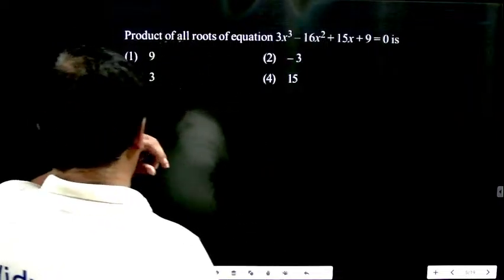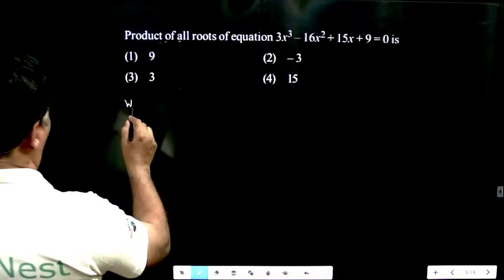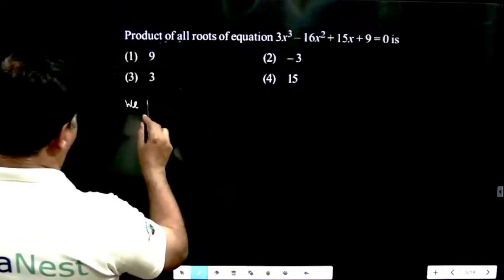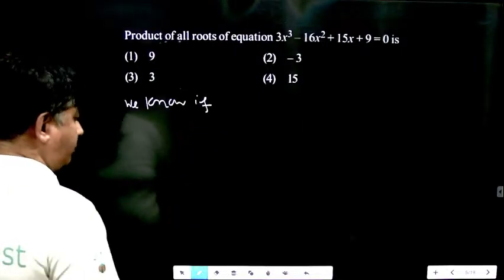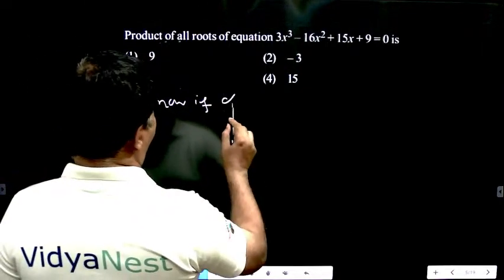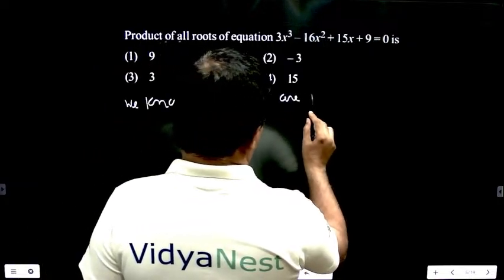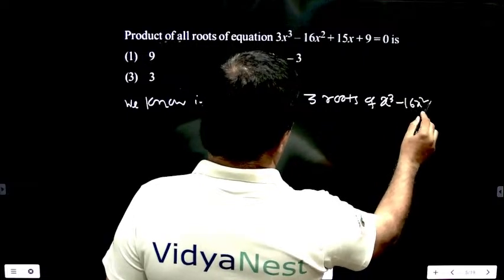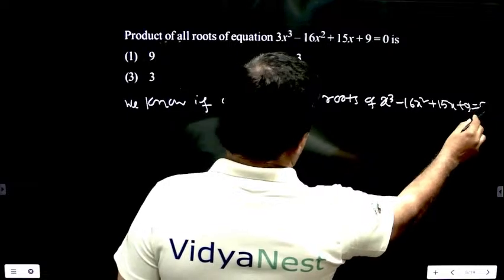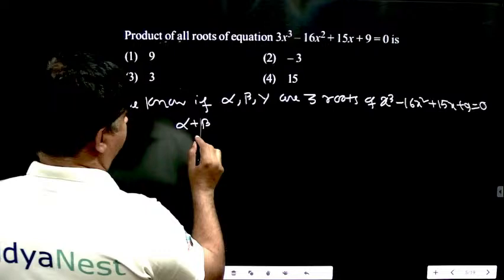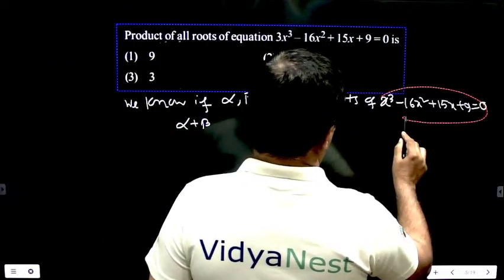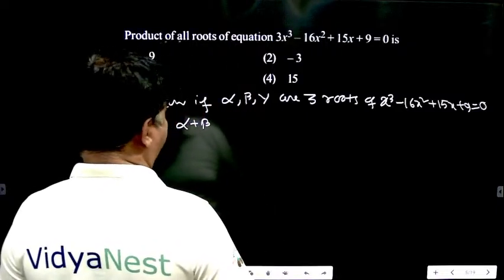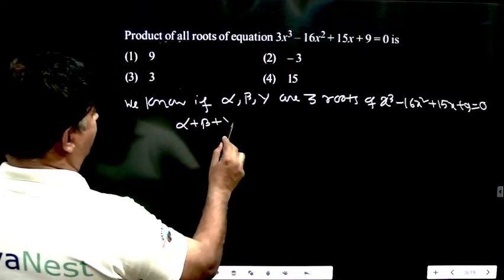See, I am also doing with you. We know if therefore then alpha plus beta plus gamma is minus b by a.